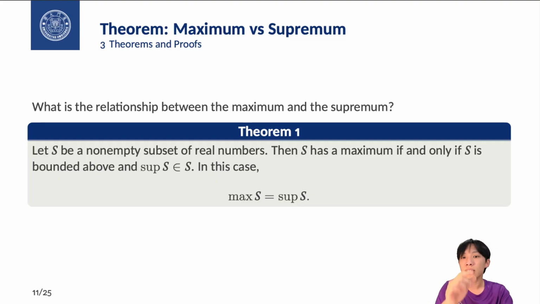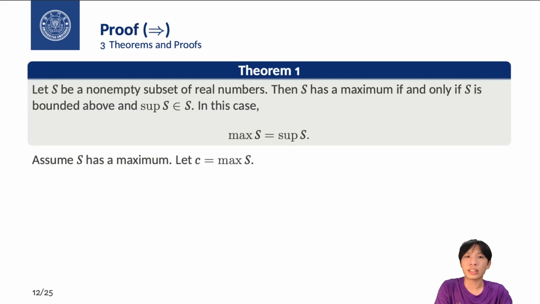In this case, the maximum is equal to the supremum. This theorem is important because it helps us determine the maximum and supremum immediately when we find one of them. Later, we will show how useful the theorem is with an example.